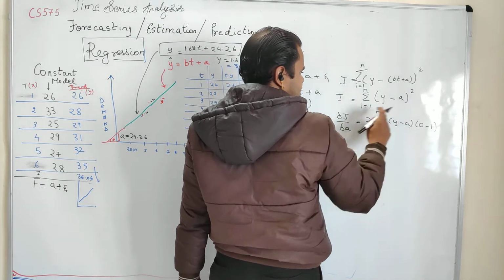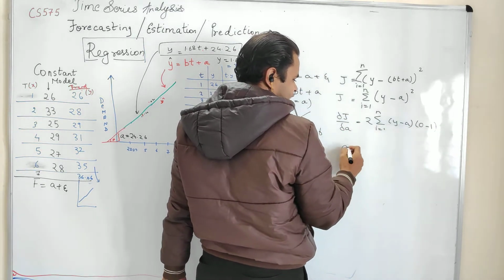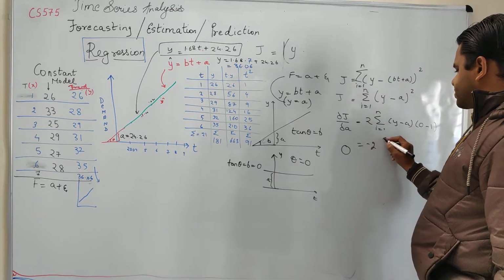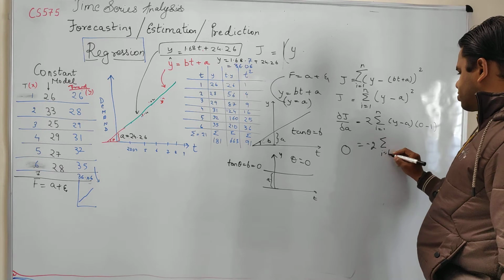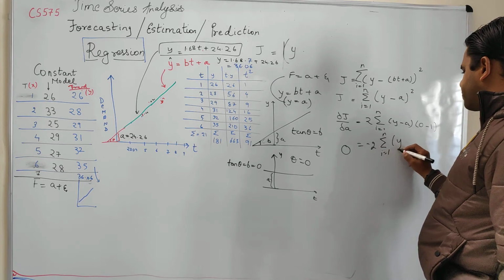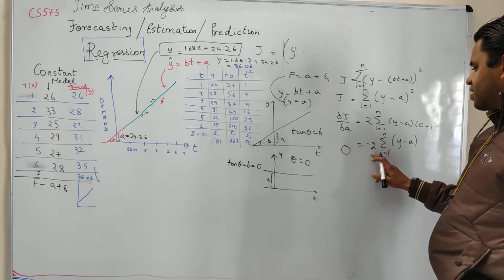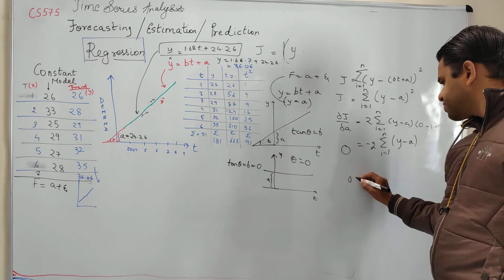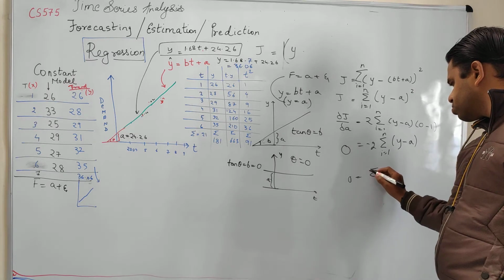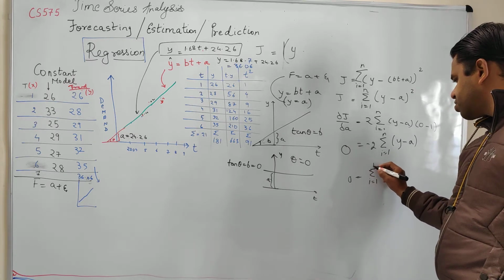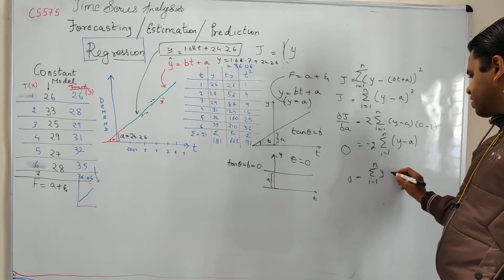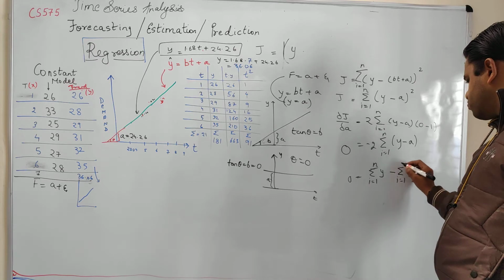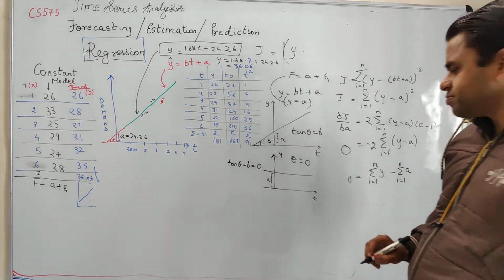So I will make this minus 1 outside, and since we are minimizing, I will set this to 0. So 0 is equal to minus 2 times the summation of y minus a. Minus 2 gets cancelled, fine. So I have 0 is equal to the summation of y minus the summation of a, from i equal to 1 to n.